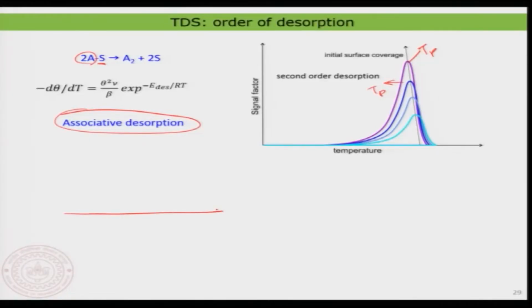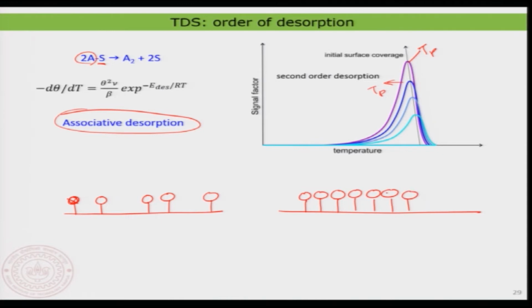Imagine again that you have your surface, and at a lower coverage, let us say, I am just drawing circles this time, I have a lower coverage where the atoms are occupied like this, and I have another situation where atoms are occupied very densely, like this.